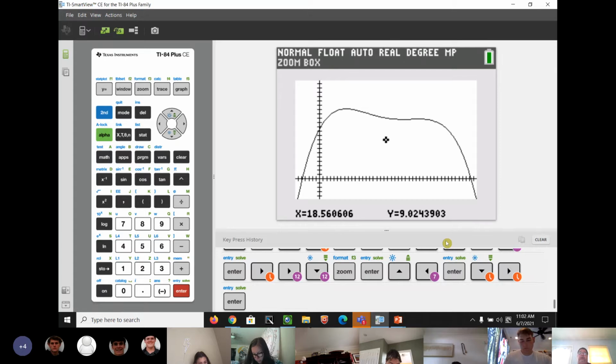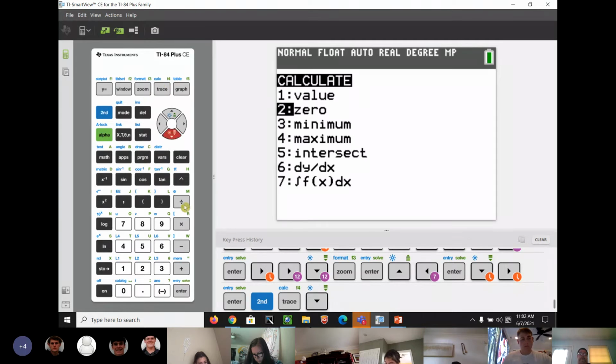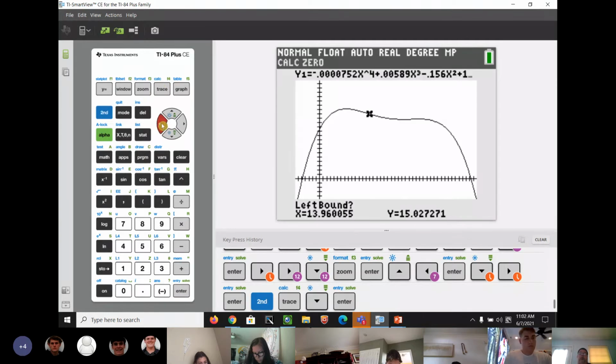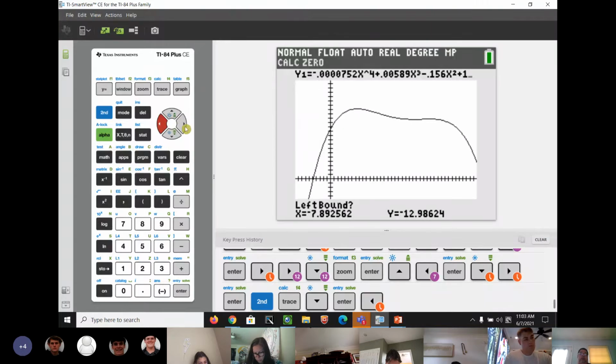So my X-intercept over here, I'm going to hit second, trace, 0. And I'm going to go over there and let it do its thing. And there's the left, there's the right, and there's my guess.